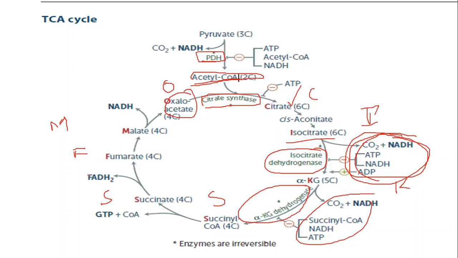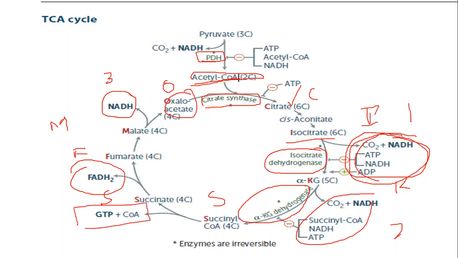Then there is the production of an FADH2 molecule, and this FADH2 molecule is produced during the conversion of succinate into fumarate. Then another molecule of NADH is produced while malate is converted into oxaloacetate. So you can see that 3 molecules of NADH are produced, 1 molecule of FADH2 is produced, and 1 molecule of GTP is produced.